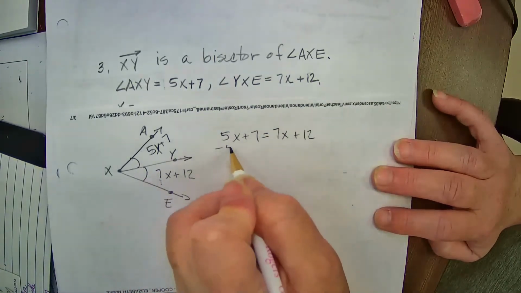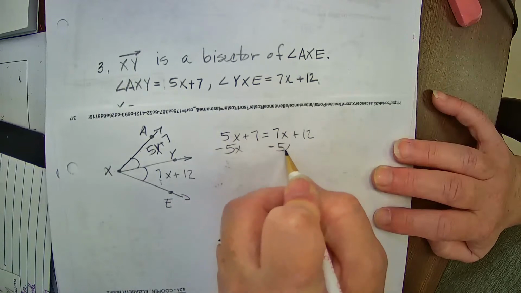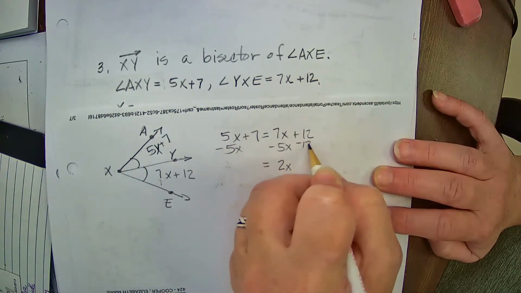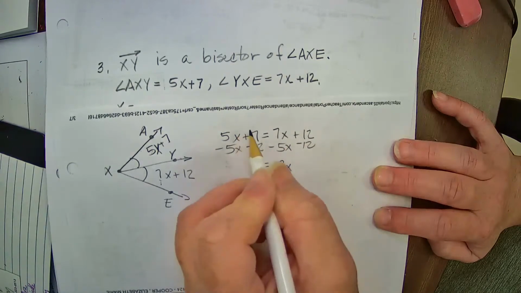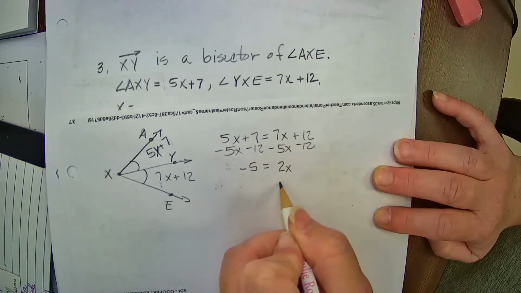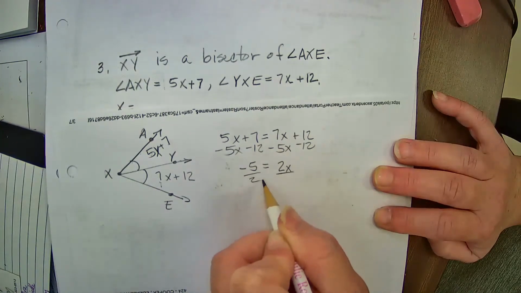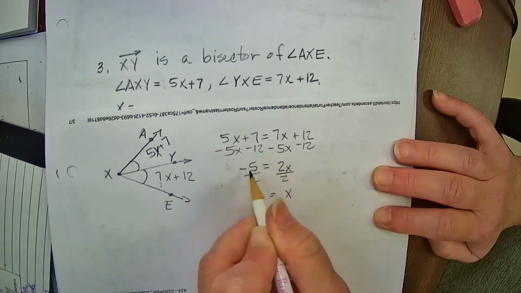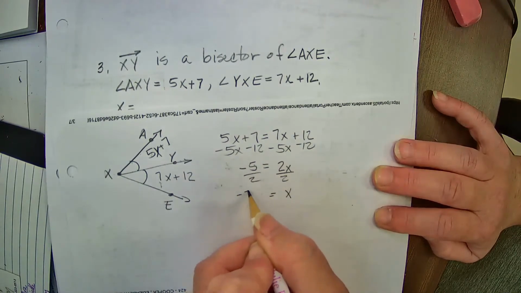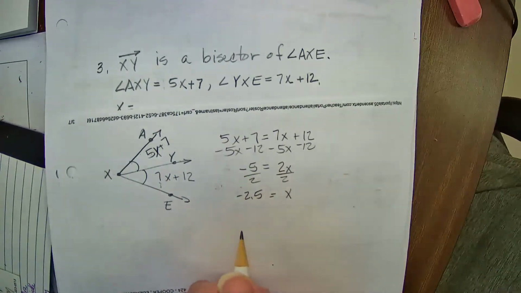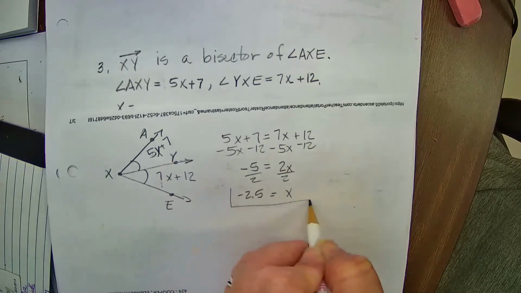Okay, so then we solve. And we divide by 2. If you want to leave it as a fraction, that's fine. If you want to put it as a decimal, that's fine. Okay? Now, so we have x.